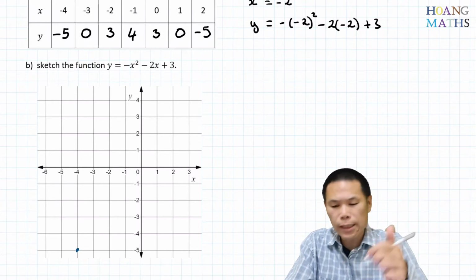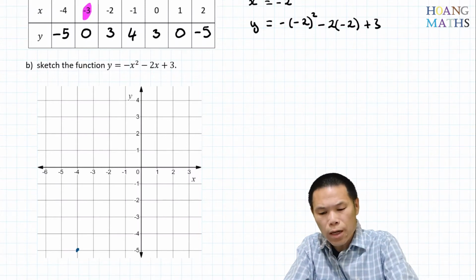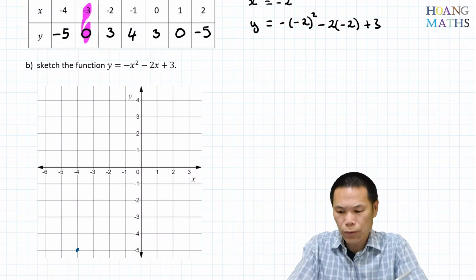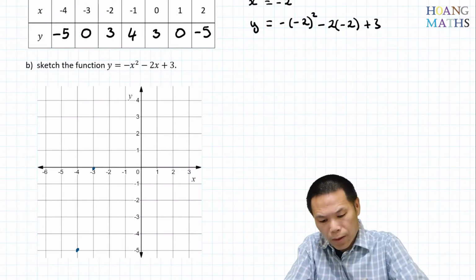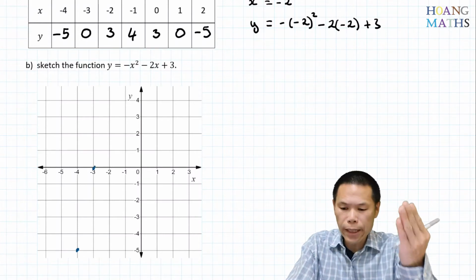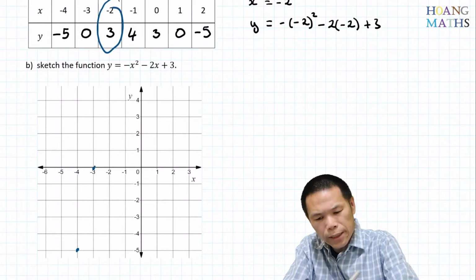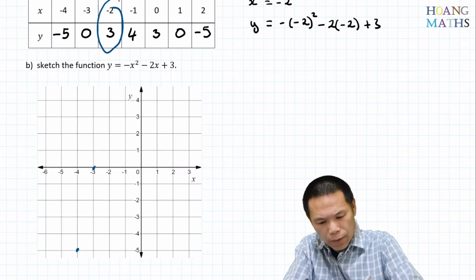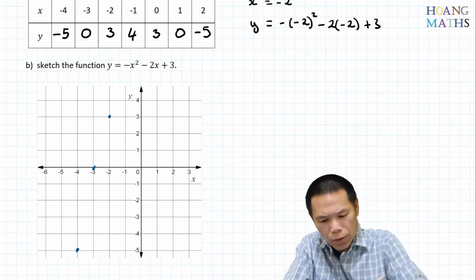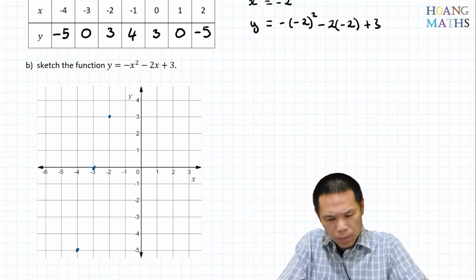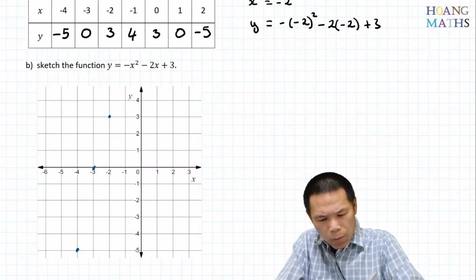And then when x is equal to negative 3, y is equal to 0. So negative 3, 0 is here. And when x is negative 2, y is equal to 3. So negative 2, 3 here. And when x is negative 1, y is equal to 4. So negative 1, 4 is here.